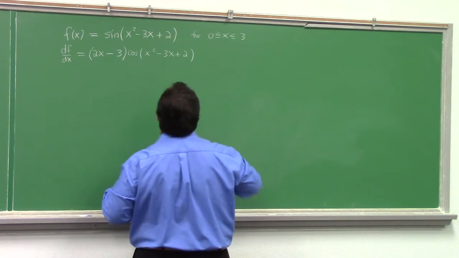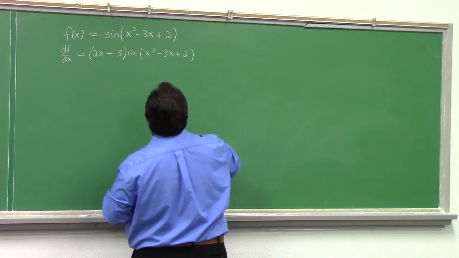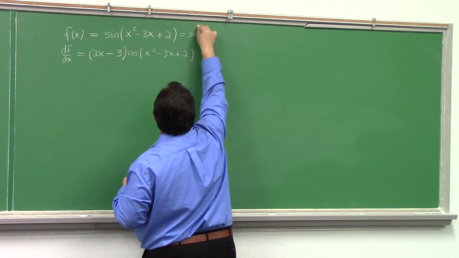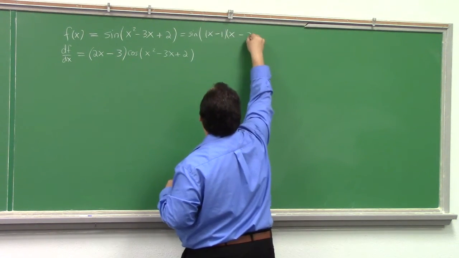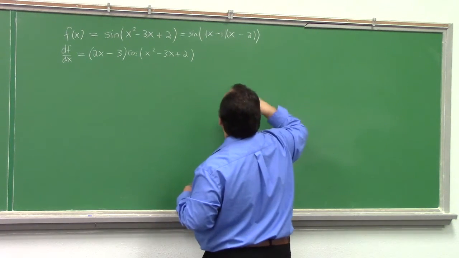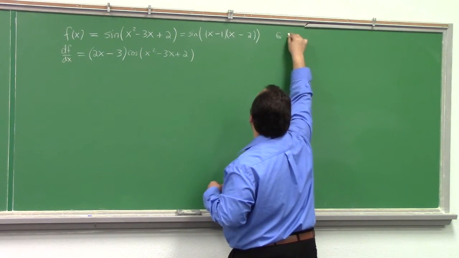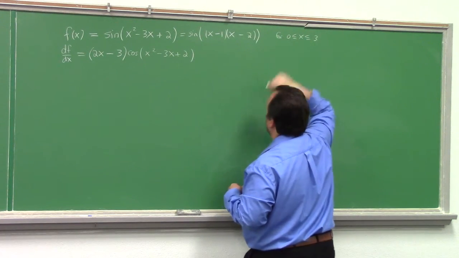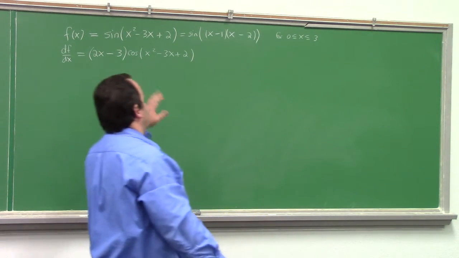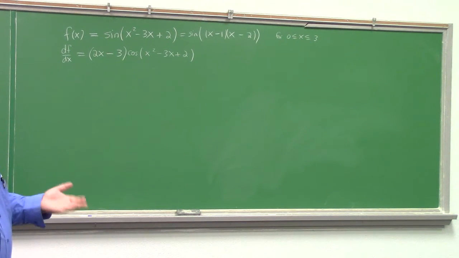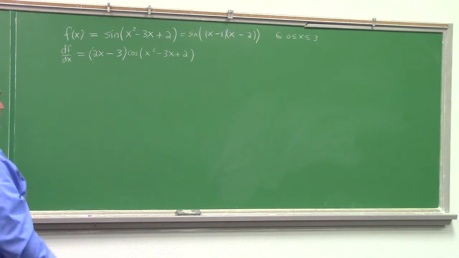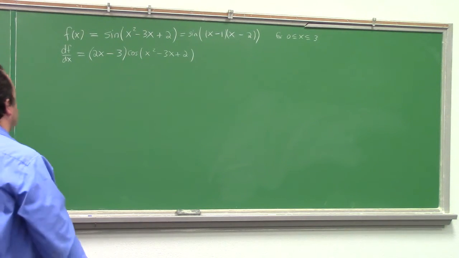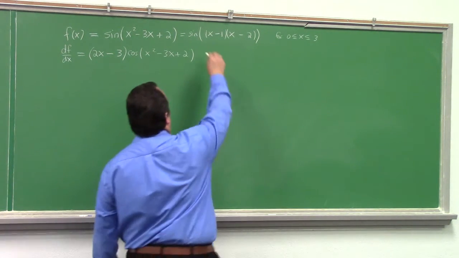I would point out, you can factor inside the sine, right? So that's going to be 0 at 1 and also at 2, for what it's worth, because sine of 0 is 0. That'll be useful when we graph. Let me just write that down.